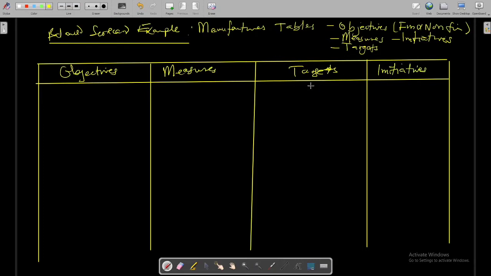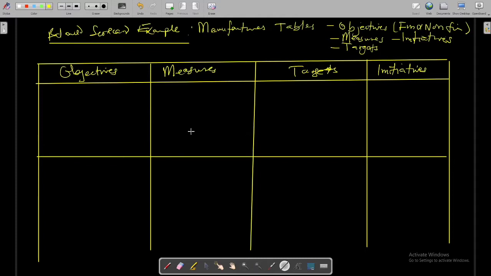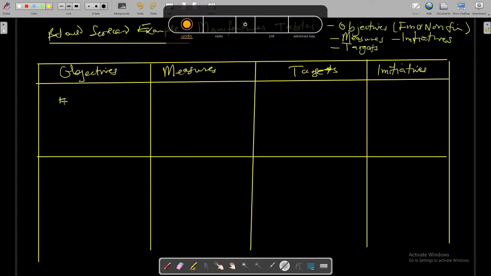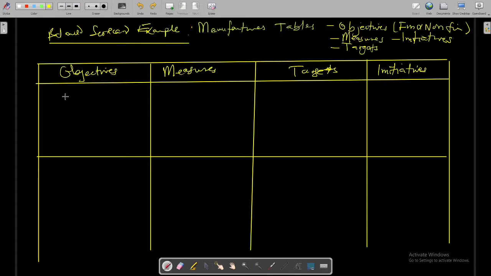Now let's go to the first one that we set. Let's create a big gap. So let's take it for instance. The first objective is the financial objective.